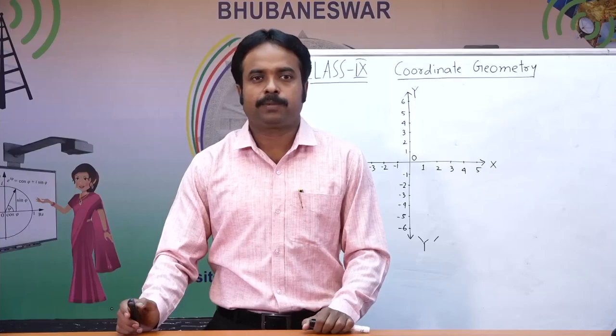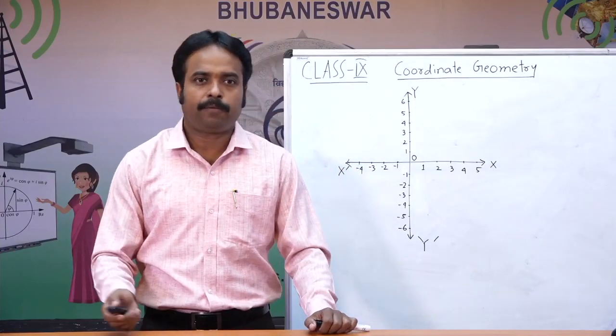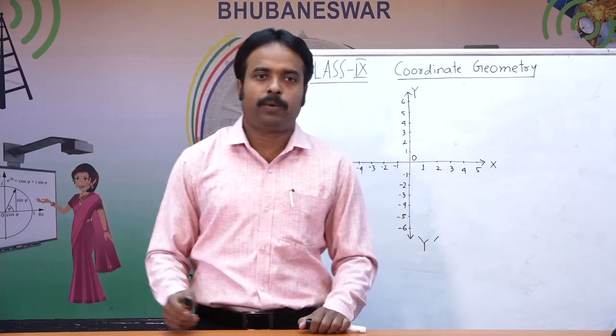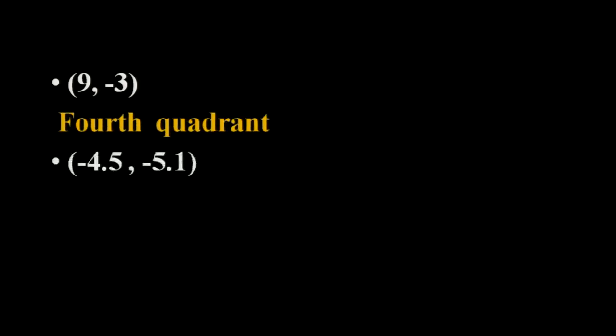9, minus 3. In which quadrant does this point exist? Obviously, you may say that the x component is positive and the y component is negative. Therefore, it is the fourth quadrant. Similarly, minus 4.5 and minus 5.1.